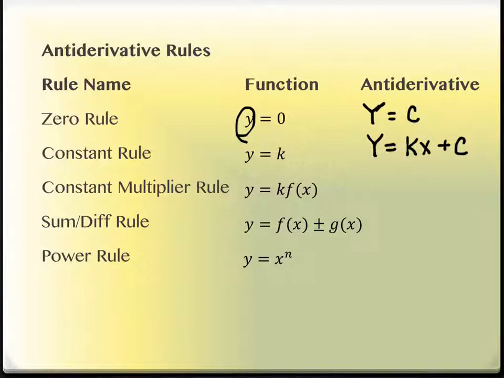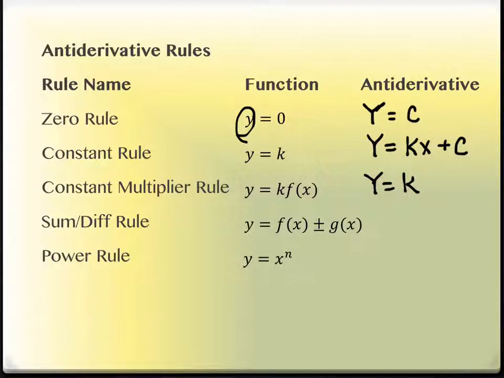Constant multiplier. What do you think you're going to have to do? The constant multiplier rule of taking a derivative does one thing. What do you think is going to happen when we do the antiderivative? Just guess. What do you think is going to happen to the k at the beginning? It's just going to be the constant in the antiderivative as well, just like it was for the derivative.